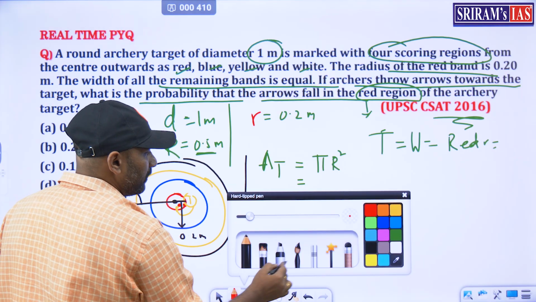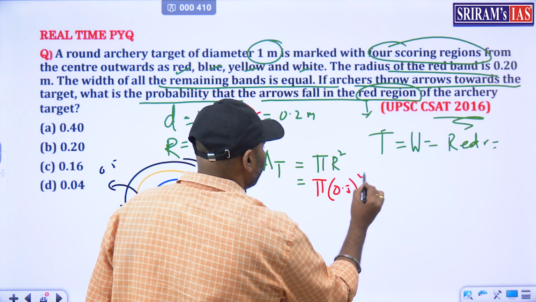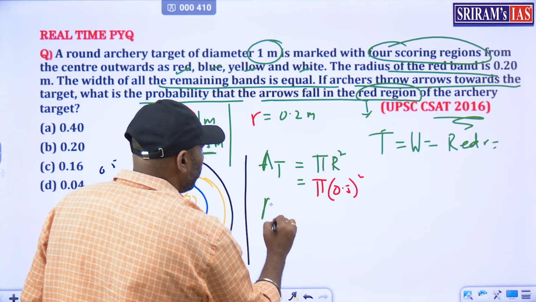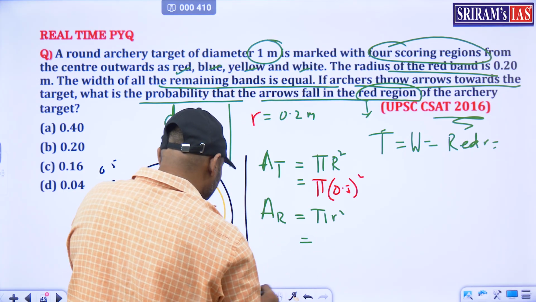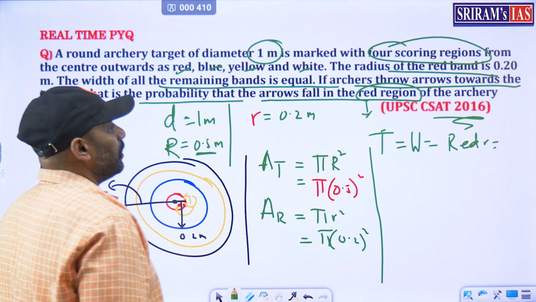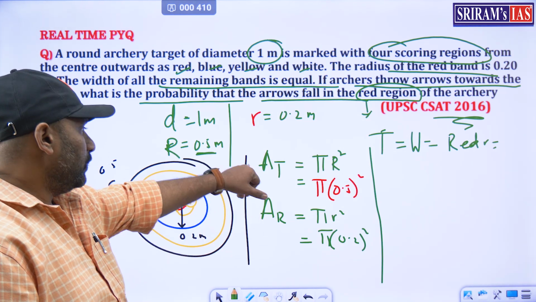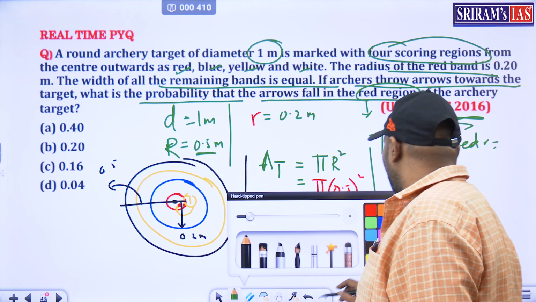So first pi r square, which is pi into 0.5 whole square. Next, area of the red part, which is pi small r square, which is pi into 0.2 whole square. Now I want the red region, but the available possibility is the whole region, the arrow can fall anywhere when shot.